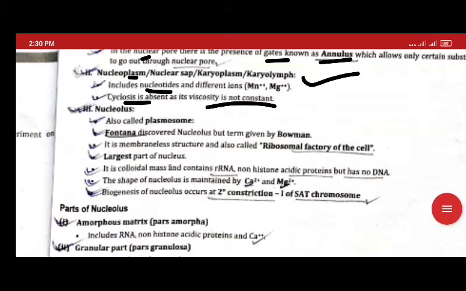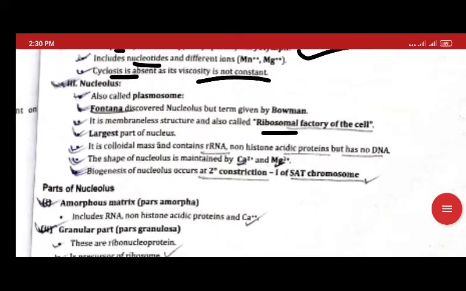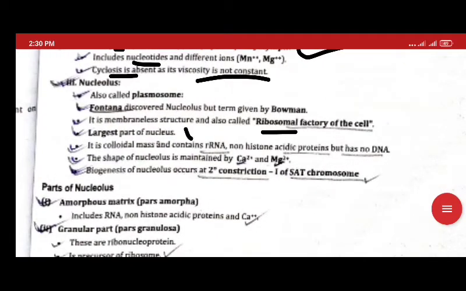The nucleolus is like one bag-like part containing ribosomes, and it is the factory of the cell. It is the largest part of the nucleus, because it contains rRNA but no DNA. So it is the ribosome factory of the cell.